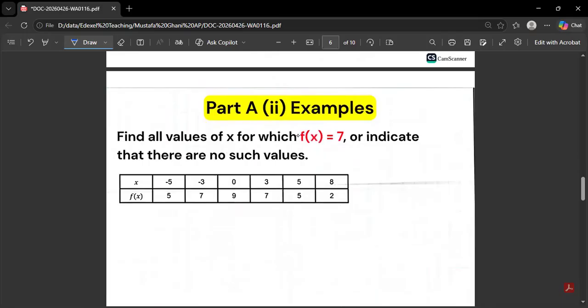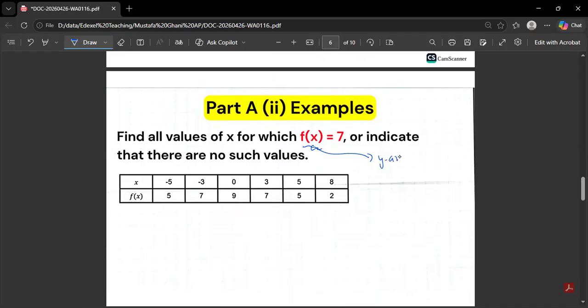Find all values of x for which f of x equals 7, or indicate that there are no such values. So for all values of x for which f of x equals 7, not x equal to 7, it is saying f of x. Again, let's recall that f of x is y-axis values.